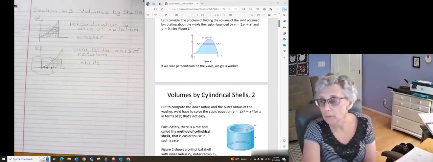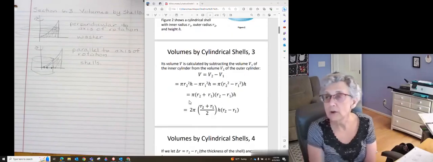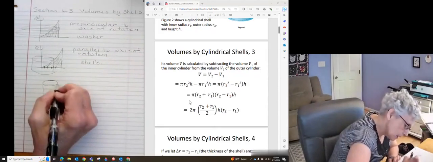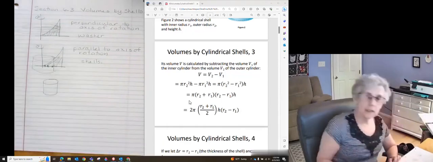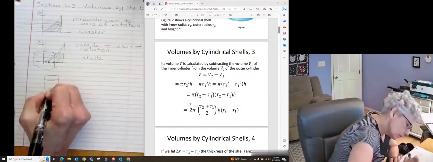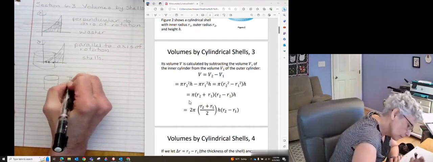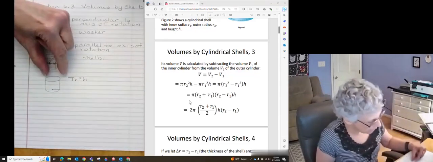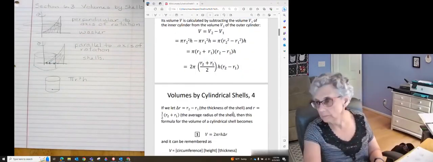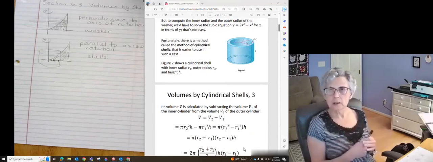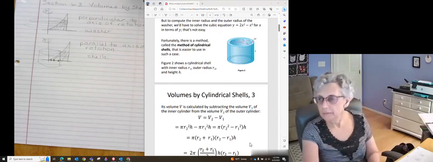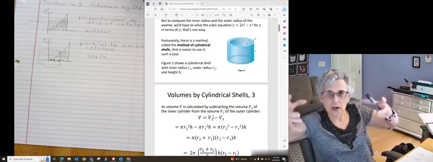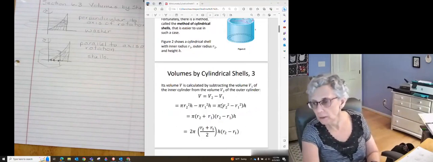So we have to think about the volume of these shells. Well, the volume of a cylinder is equal to pi r squared h. But now the textbook talks about finding the volume of each of these cylindrical shells, and you find the volume of the outer shell and subtract off the volume of an inner shell.